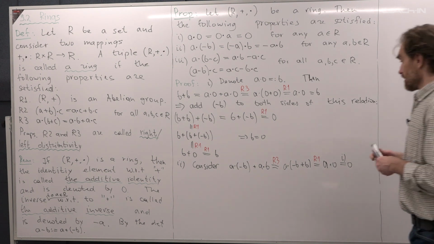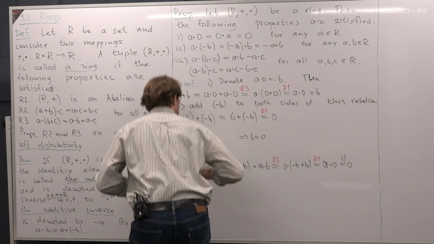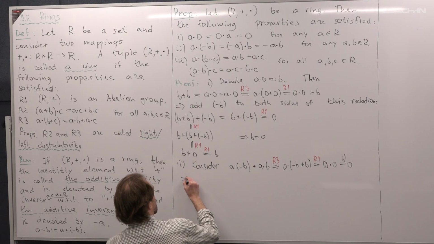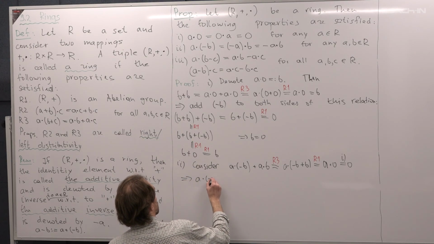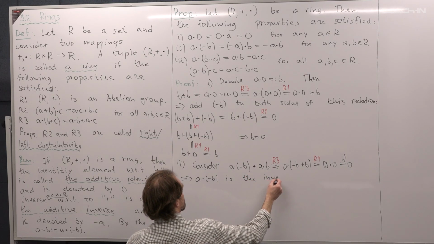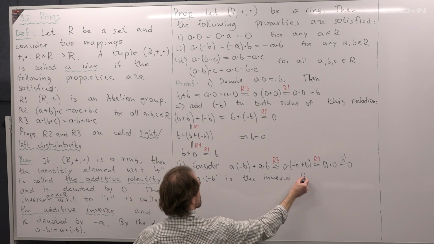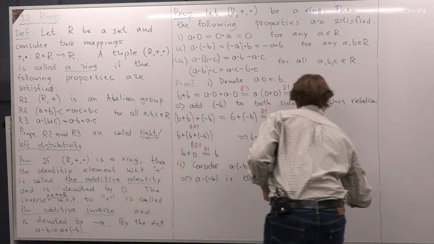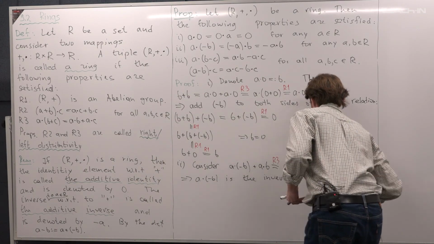And so we see that a multiplied by minus b is the inverse for a multiplied by b.